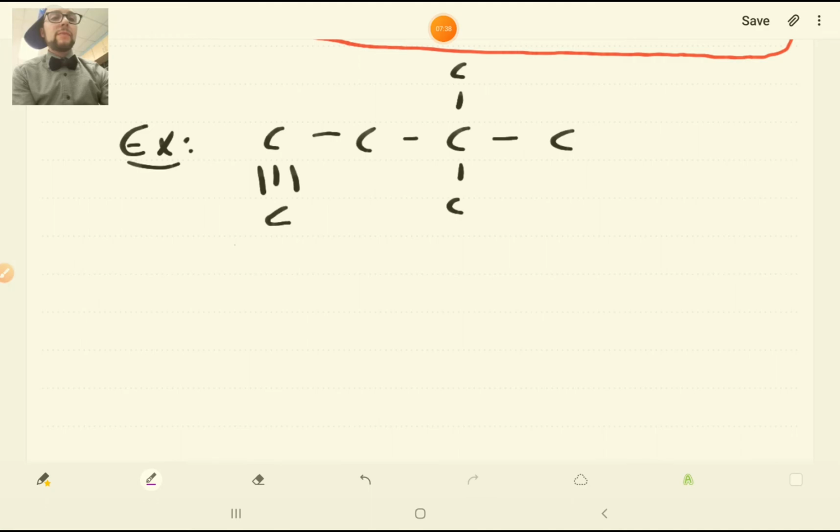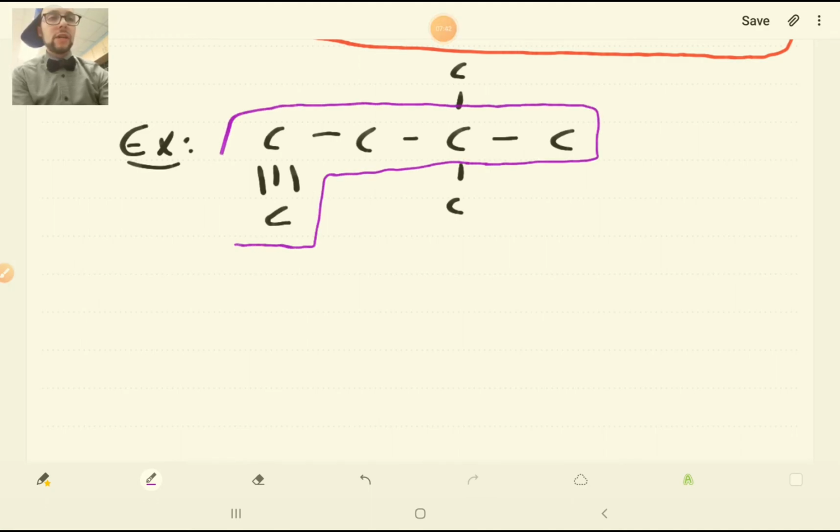So for the first example here, we're going to identify the parent chain, and the longest continuous carbon chain would be this one over here. We're going to begin by counting from the side that is closest to the first triple bond, which would be this side over here. So it would be 1, 2, 3, 4, 5.